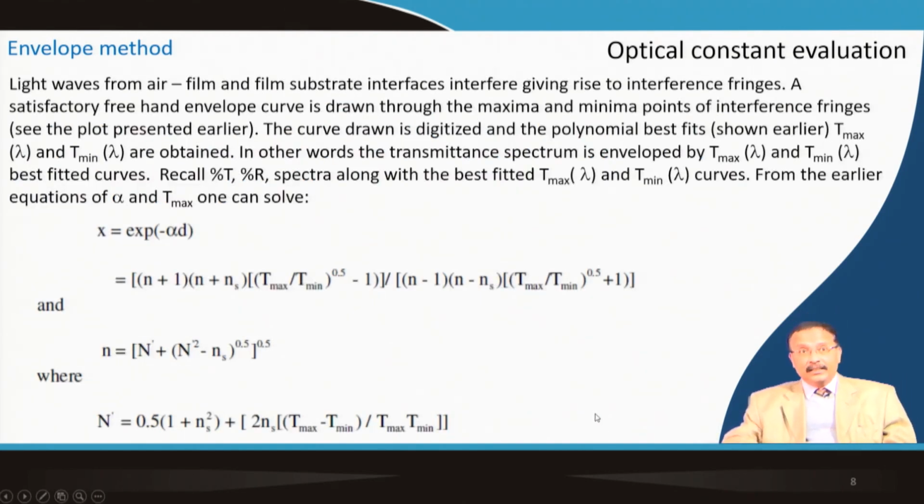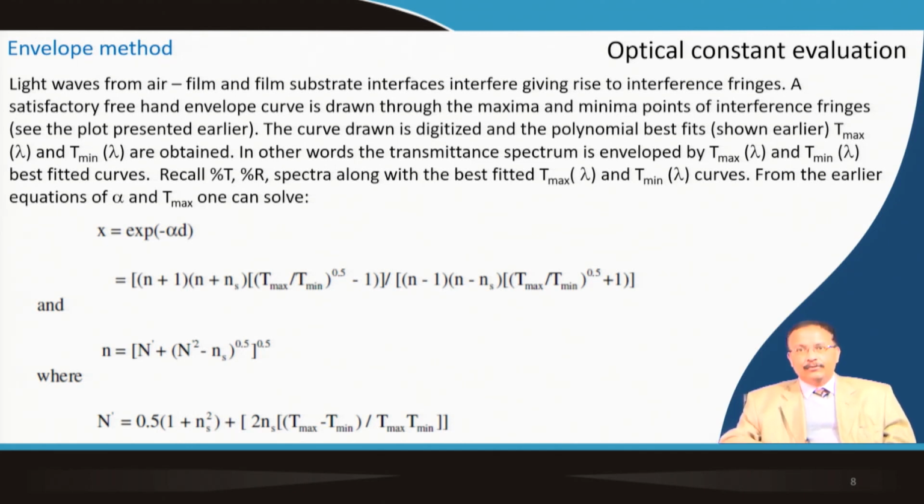Now, what is happening is that light waves from the air-film and the film-substrate interfaces are interfering and giving rise to the interference fringe. The optical path difference will be either an even multiple or an odd multiple of lambda, and depending on that, you will get maxima and minima from the basic fundamentals of the interference pattern.